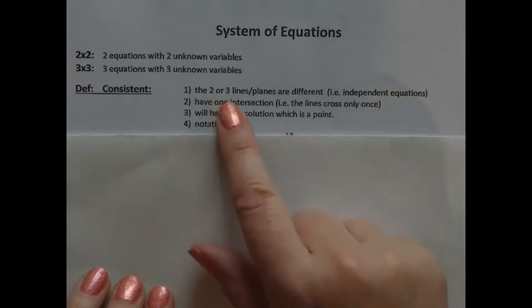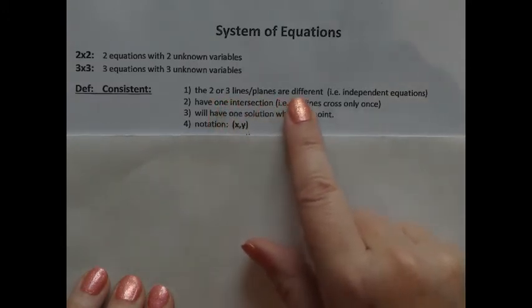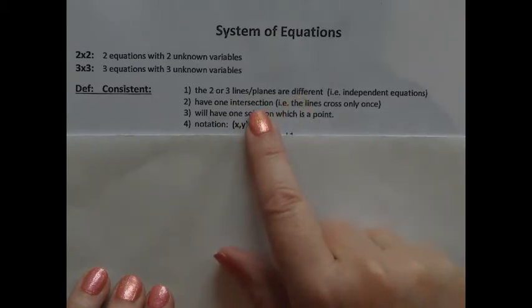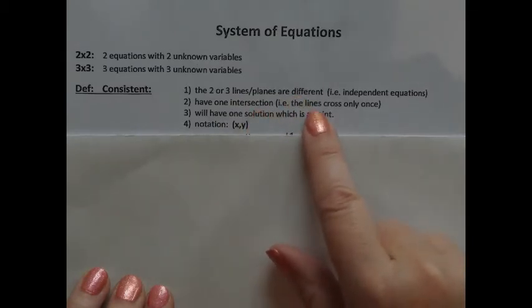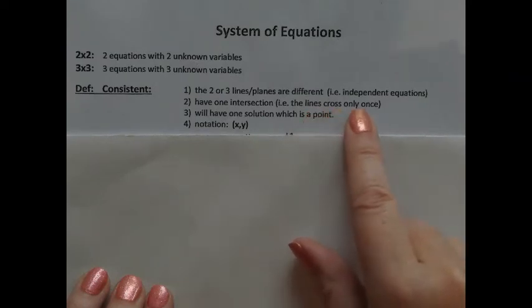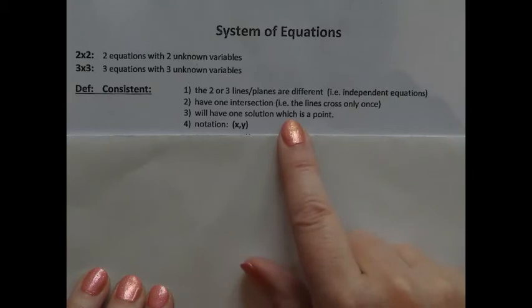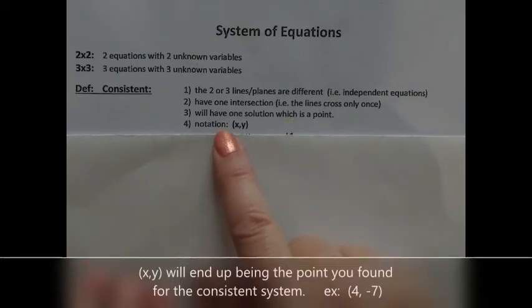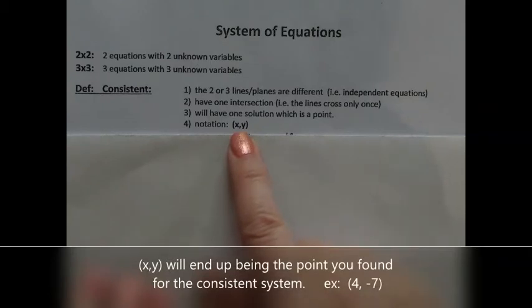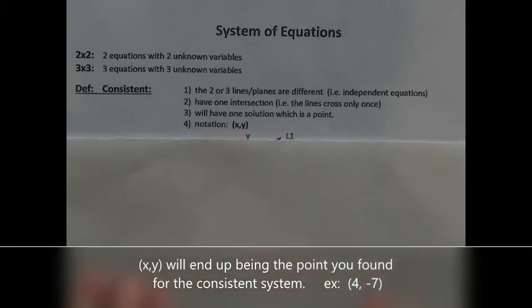There are two lines or three planes that are different. They have one intersection. In other words, if I'm in R2 space or 2D space, the lines cross once. They will have one solution, which is a point in R2, and the notation for our answer will be (x, y).